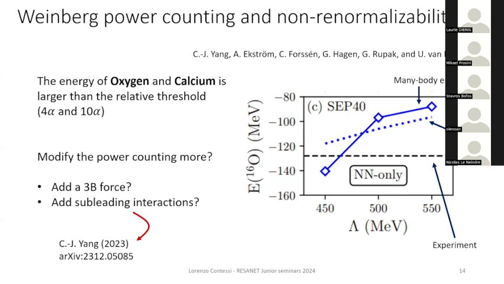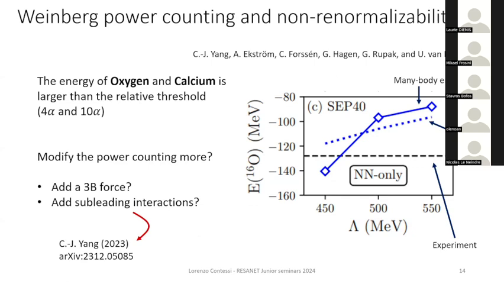But this power counting got a problem. And the problem is that when they tried to go to oxygen, so they tried to use this power counting to capitalize on this interaction, they went to the many-body system. They tried to calculate the structure of oxygen-16.